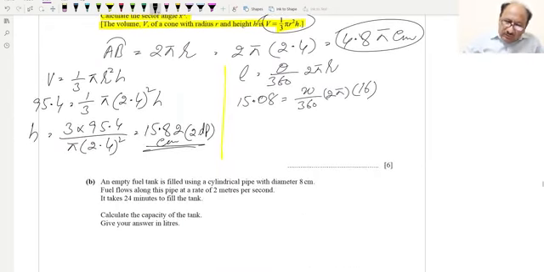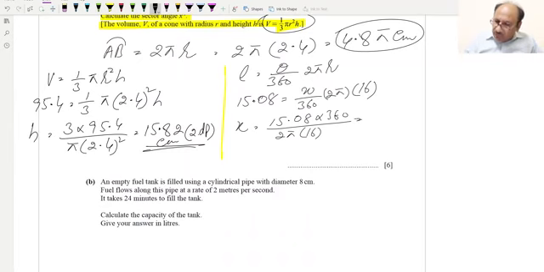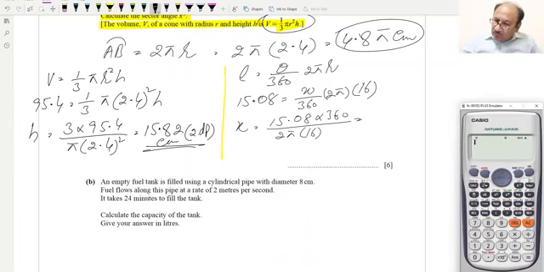So now x will be equal to, we'll shift everything to the other side, so x is equal to 15.08 into 360 divided by 2π into 16, and this will result in 54.00.